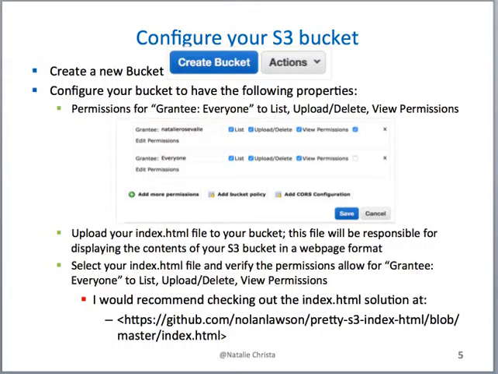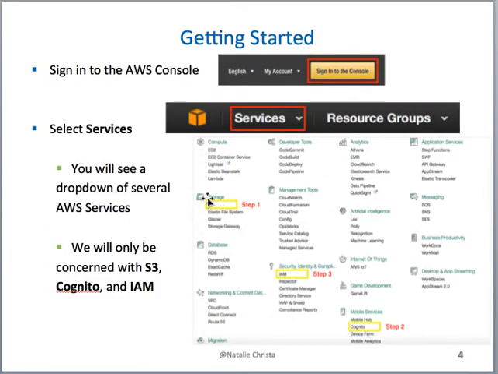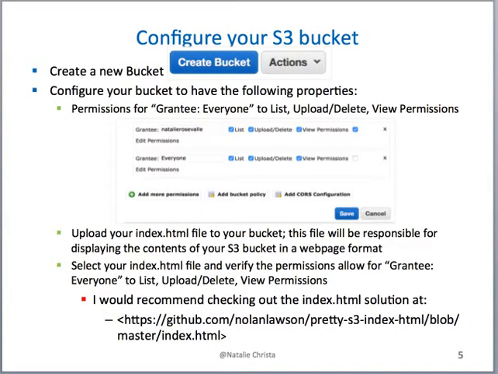So we're going to begin with the S3 bucket. You will have to create a new bucket, and the first thing you would do is, of course, click on S3 here, and once you get to the S3 page, you will be able to see a button that says Create Bucket.